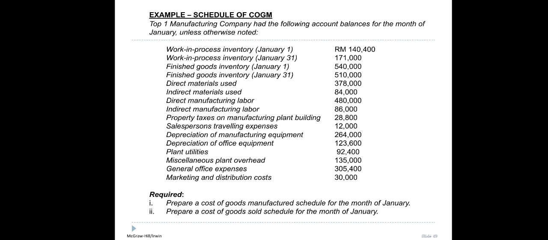Let's say there is a business, Top 1 manufacturing company, and that business has this data: work in process inventory at the beginning of the month, and work in process inventory at the end of the month, finished goods inventory at the beginning of the month, finished goods inventory at the end of the month, direct material use, indirect material use, direct manufacturing labor, indirect manufacturing labor, property tax on manufacturing plant building, salesperson traveling expenses, depreciation of manufacturing equipment, depreciation of office equipment, plant utilities, miscellaneous plant overhead, general office expenses, marketing and distribution costs.